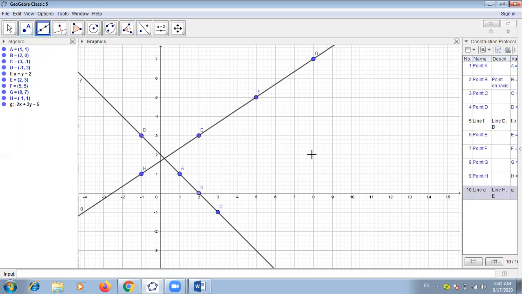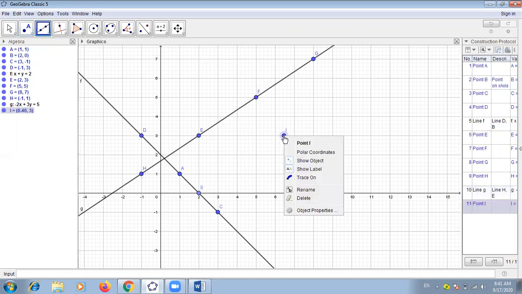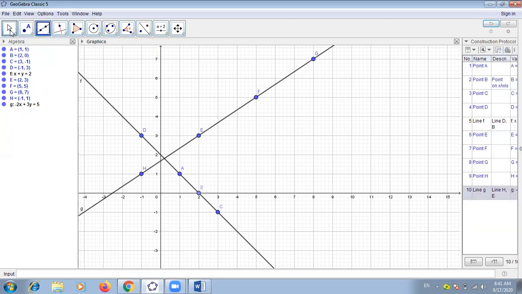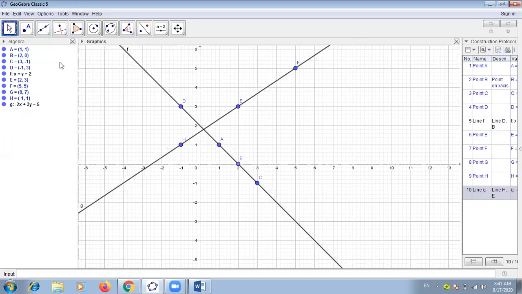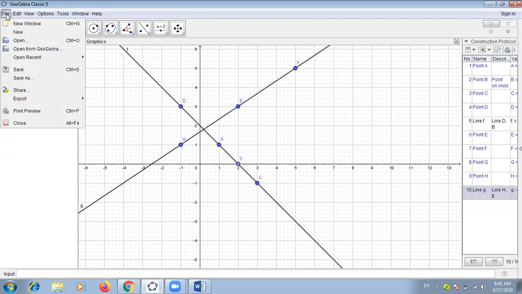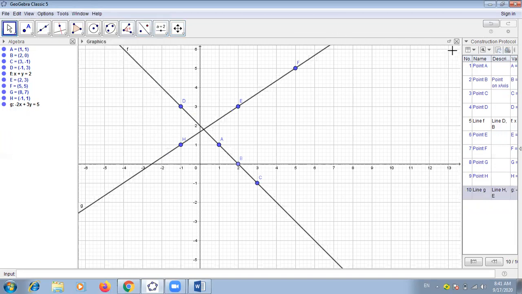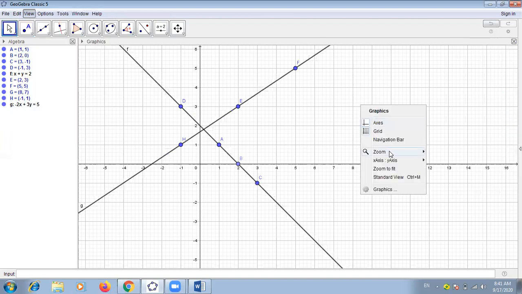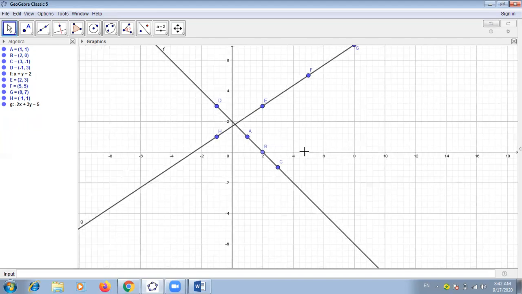So if I zoom in, you can see these two equations cutting each other.